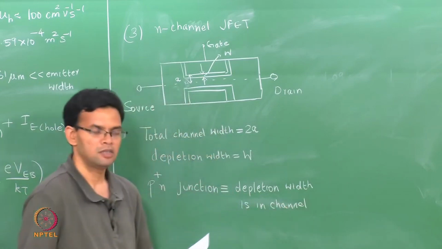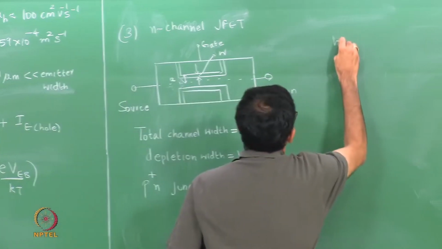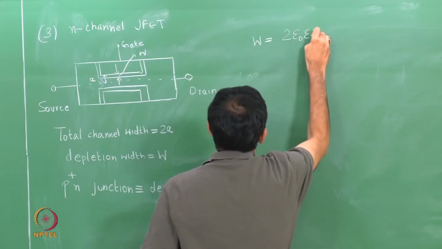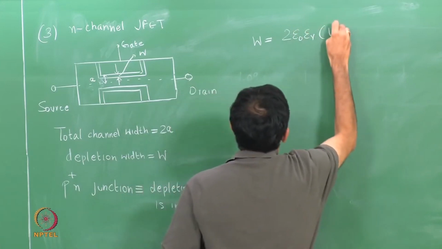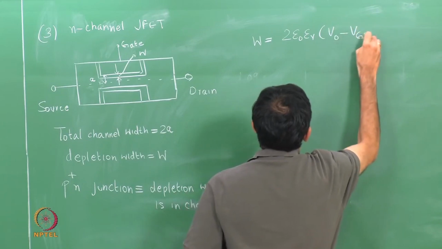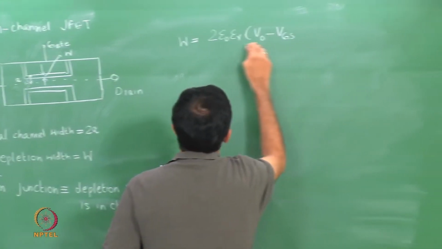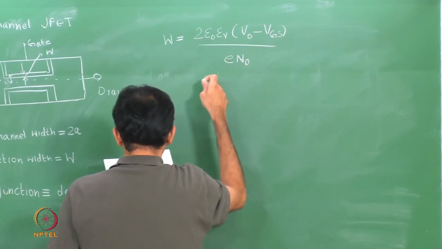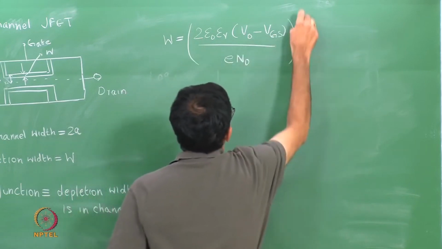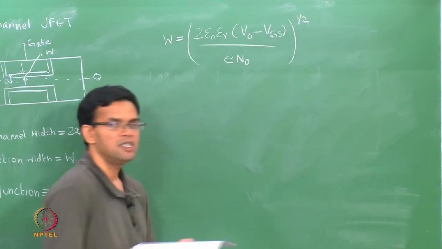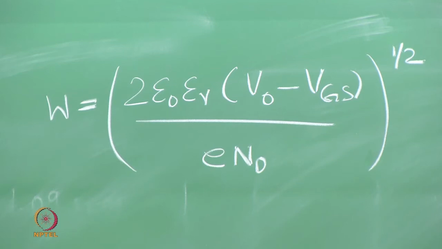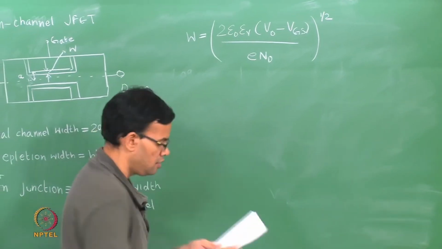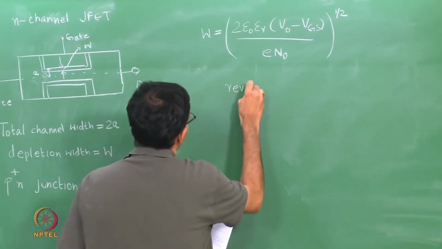This again depends upon the reverse bias, so that W is nothing but 2 epsilon naught epsilon r (V naught minus VGS) over E times ND, whole to the half. So, VGS is actually a negative number, so that when you do V naught minus VGS, we are essentially adding. This is basically a case of a reverse bias channel.